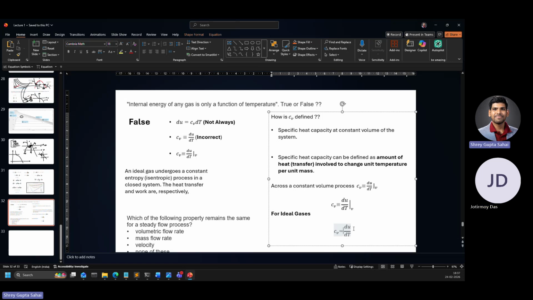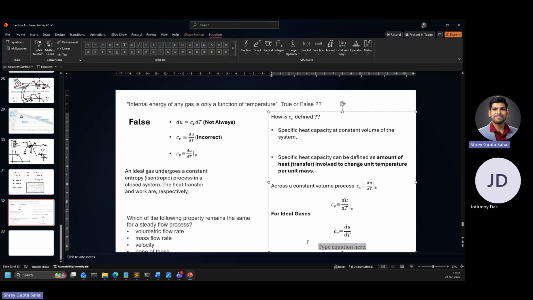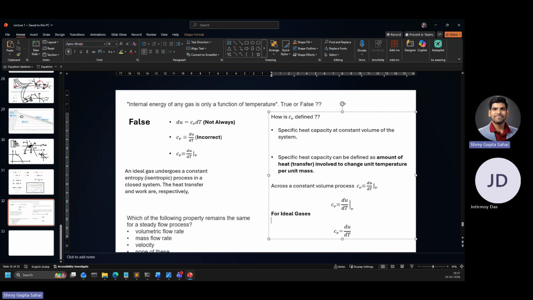Now, why does this follow? For an ideal gas, when the specific volume is constant, why is CV only a function of temperature? There is actually an identity that we need to remember or know to actually know this. So for ideal gas, this follows.